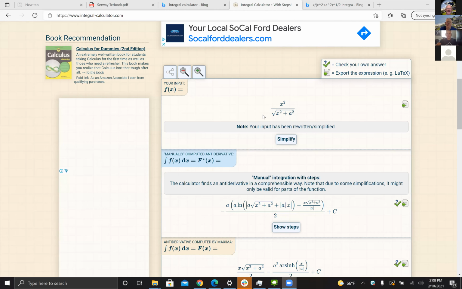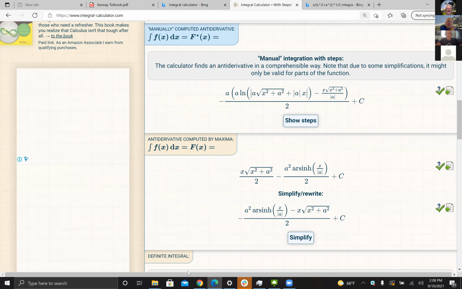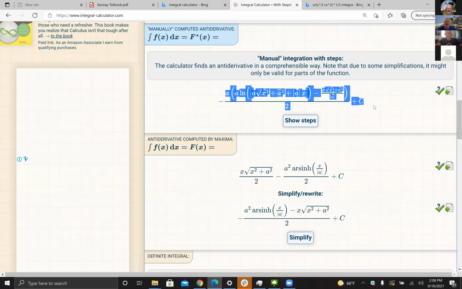Cool. Okay. So I put x squared over the square root of x squared plus a squared, and that's the answer that we get. Kind of crazy.